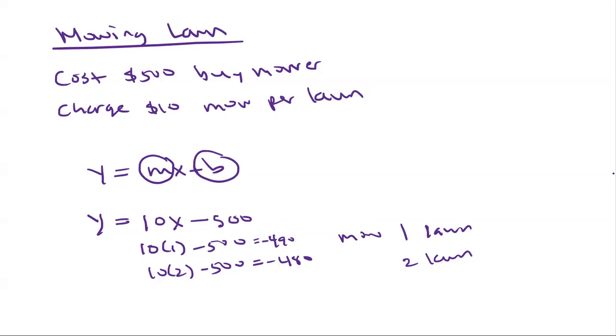Okay? So how do we do that? Pause. So right now we're down the hole, right? So I want my outcome to be $0 so that I can start making money.